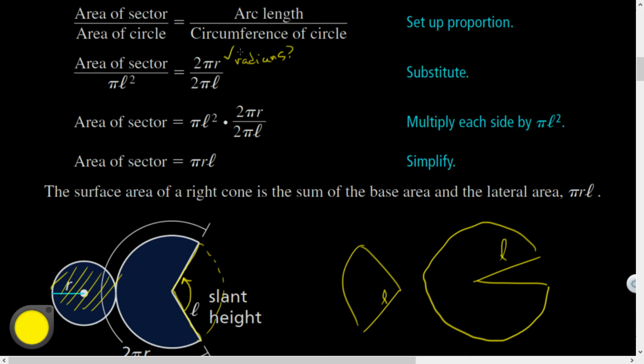So this was known to us. And L is the radius of this bigger circle. 2 pi L would be the circumference if it was a full circle, and I want to have the proportion set up between those two. And proportionally, the area, when I solve, ends up equaling pi r L.